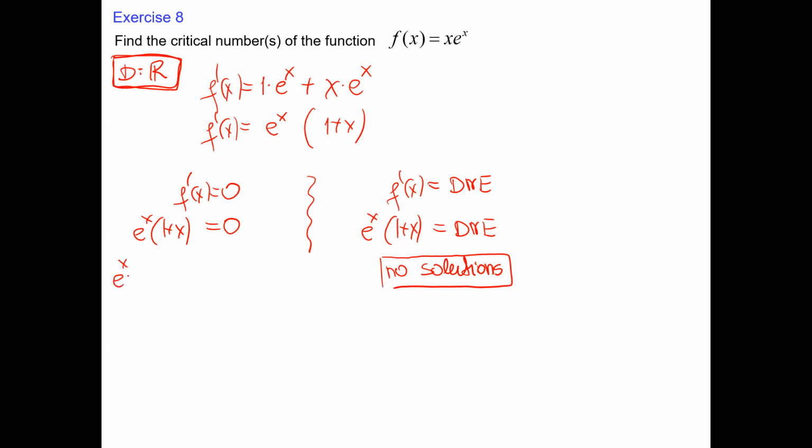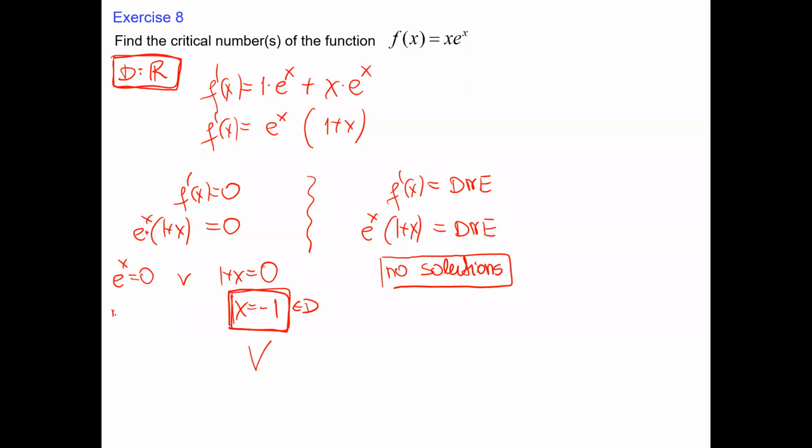But this factored form is 0 if e to the x is 0, or 1 plus x is 0, one of the factors. 1 plus x equals 0 if x equals -1, and this belongs to the domain. This is definitely a critical number. Check.